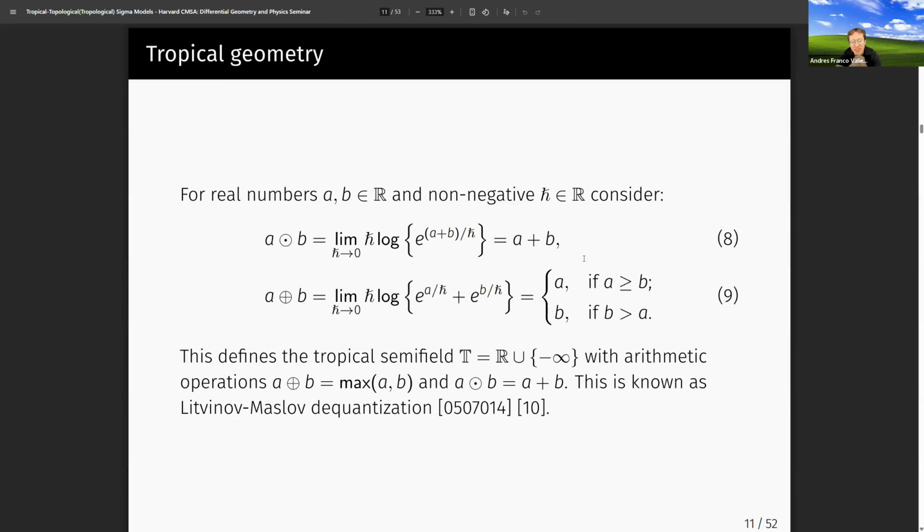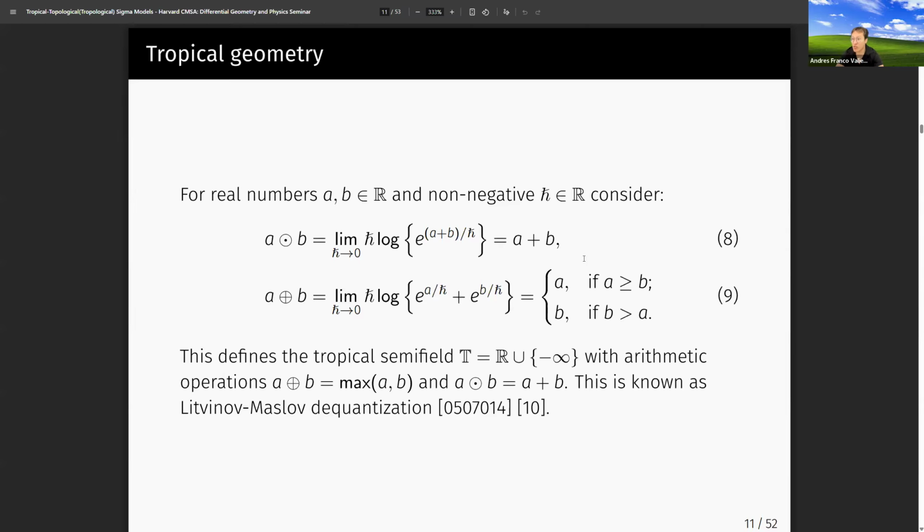It's defined in such a way that when you multiply two tropical numbers, it becomes addition, and when you add two tropical numbers, it becomes the maximum operation. When you take this deformation limit with the h bar, this is known as the Litvinov-Maslov dequantization, and we're going to use this throughout the paper.